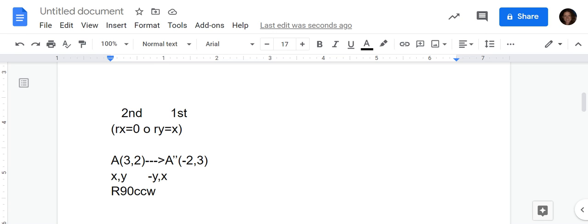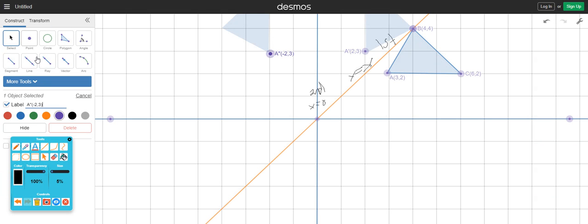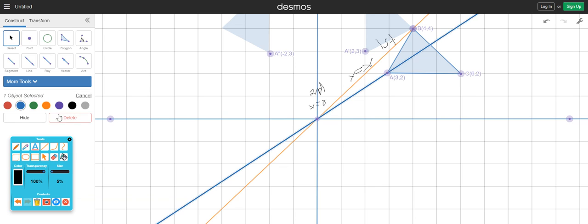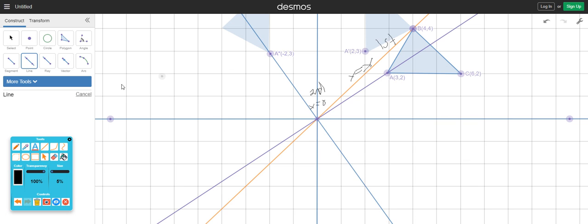So if we look right here, I'm going to draw a different colored line in from A, and I'm going to make this purple. And I'm going to make another line from here to here. And I'm also going to make that purple.